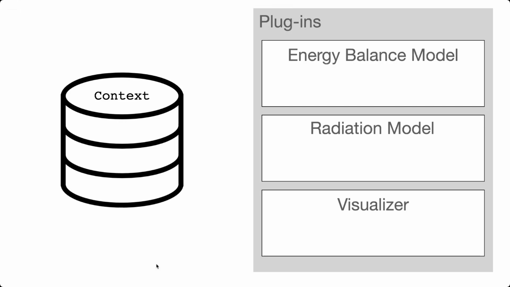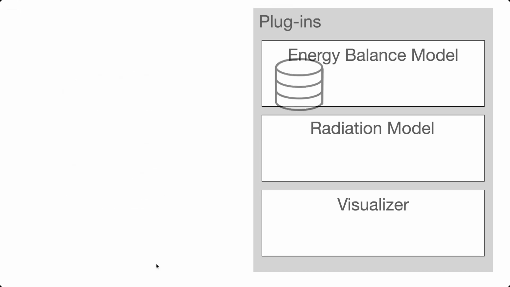So let's say that we wanted to first run the energy balance model, so we could pass the context to the energy balance model, and then it might read some information from the context, for example, information about the geometry. It may need to know surface areas, etc. It can do its thing, do some calculations, and then write things back, such as the temperature value for each of the primitives.